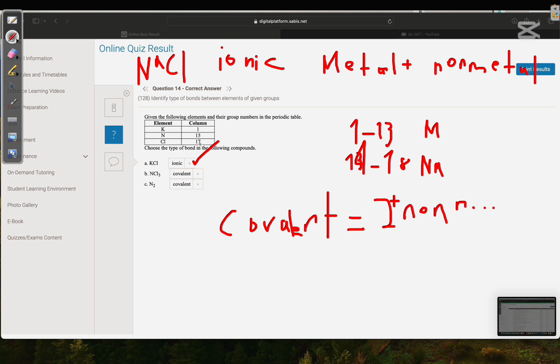Nitrogen is in group 15, which is a non-metal, and chlorine is in group 17, a non-metal as well, which is why the bond is covalent. Nitrogen, okay, this is nitrogen gas. Nitrogen is a non-metal because it's in group 15. So that means two non-metals are bonding together.